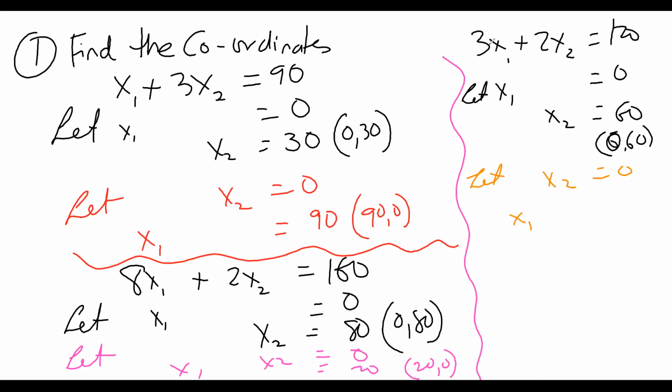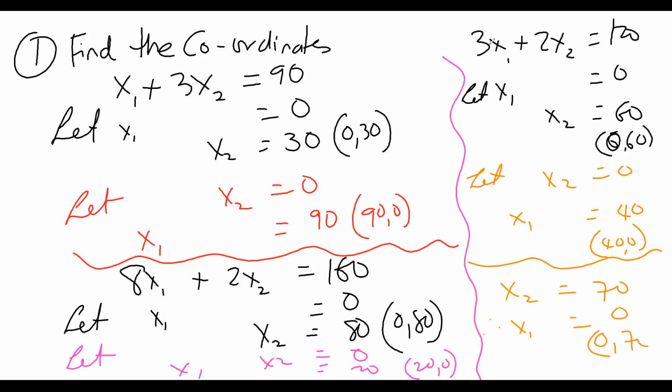So therefore, x1 must be 40. So your next coordinate now is 40, 0. You finish with that one. And now you go on to x2 equals 70. Therefore, x1 must be equal to 0. So your coordinate is 0, 70. And so you graph that. So you have found the coordinates to now graph your lines.